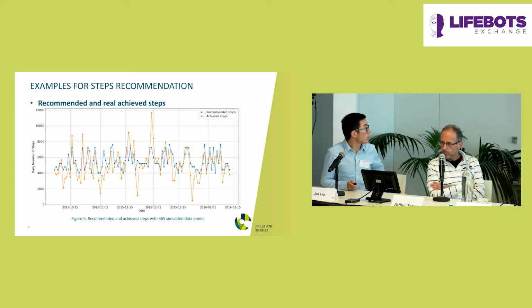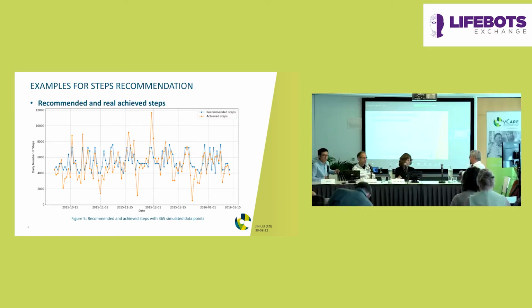We used information like the weather, the mood of the person, and also the historic steps of the person. For this person, we have a minimum threshold of 4,000, which means the maximum threshold is 8,000. You can see that our recommended steps, the blue line, capture the trend of the daily number of steps quite well.